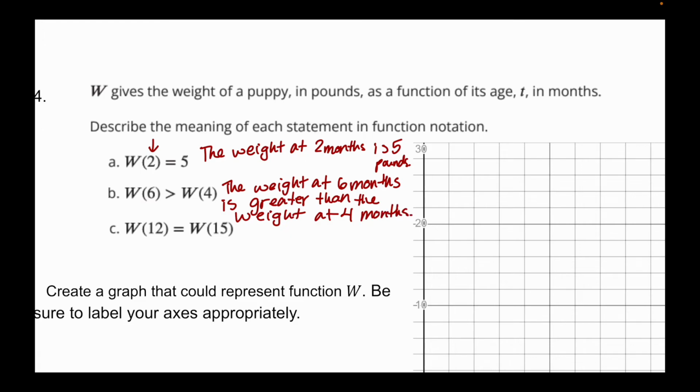Okay, and for the very last statement, we have that the weight at 12 months is the same or is equal to the weight at 15 months.